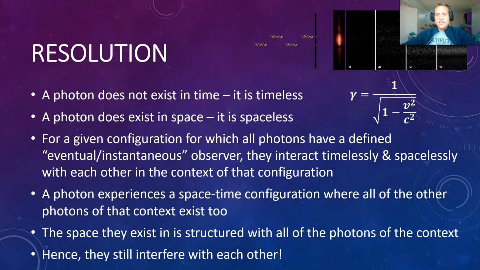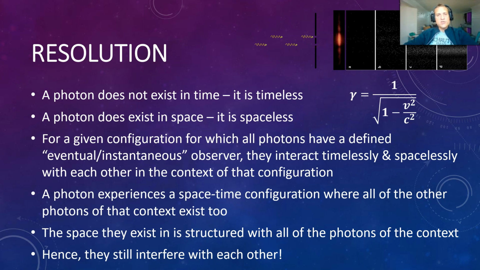Because we're just acknowledging what a photon's experience of space-time is, which is that it doesn't experience space-time as we do. A photon does not experience that other photons are going through one at a time. It experiences everything all at once that ever could have happened in this experimental configuration while that experiment existed, right? So how do you get the interference pattern? That's the big problem.